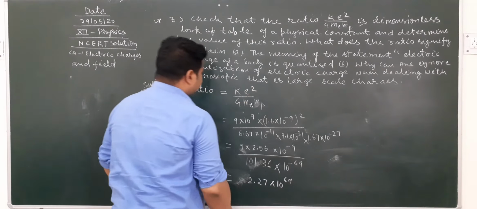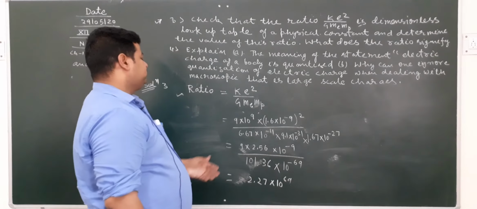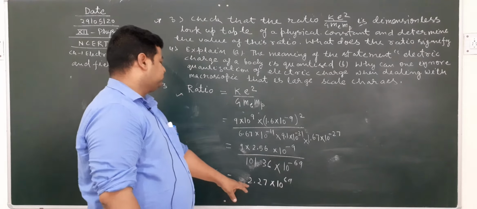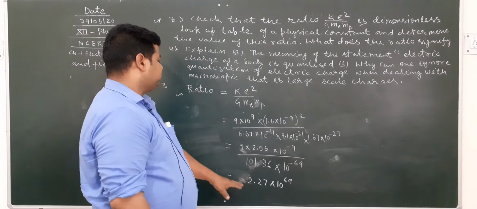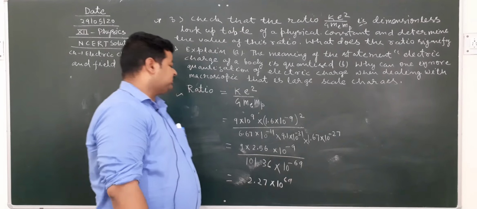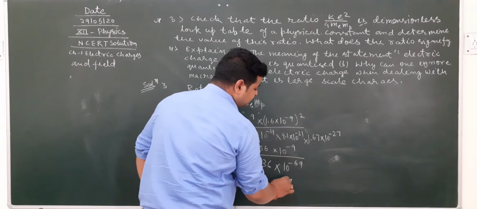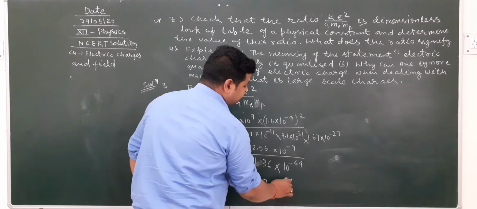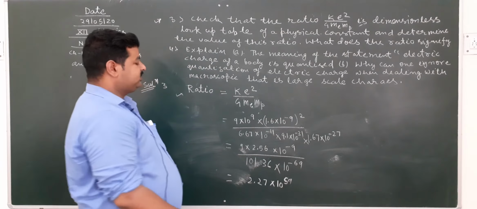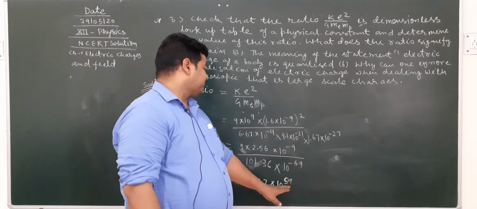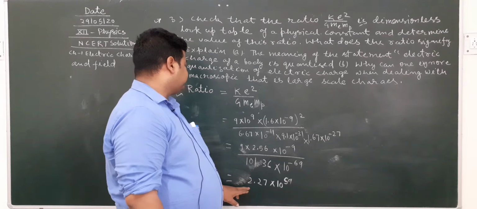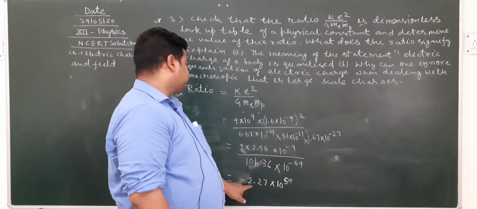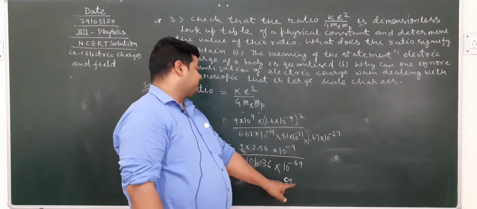If you also solve the term given in the ratio, then you will get the value of ratio as 2.27 into 10 raised to power 69, not 69, because this is 59. The power becomes 10 raised to power 60 and one decimal replaced. This value is finally 0.227 into 10 raised to power 60.